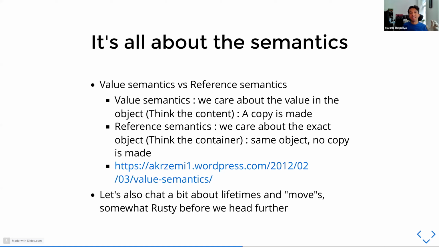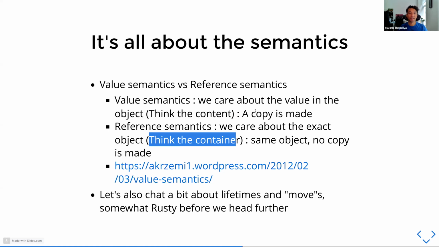This is the part where semantics matter. Now the difference, the beginner-friendly way, is: when you think about value semantics, think about the content. And I will give an example. In reference, think about the container.